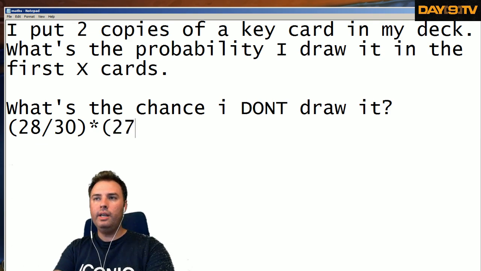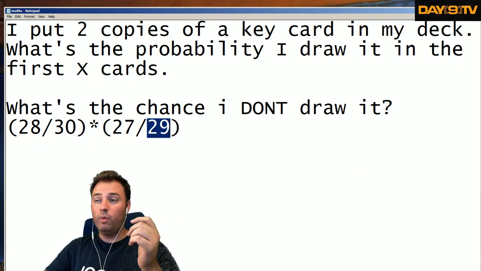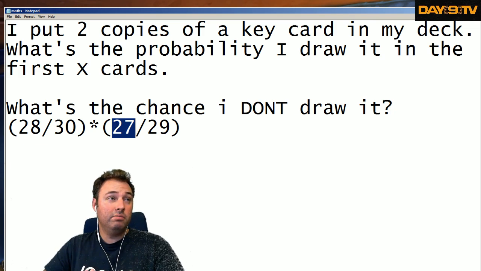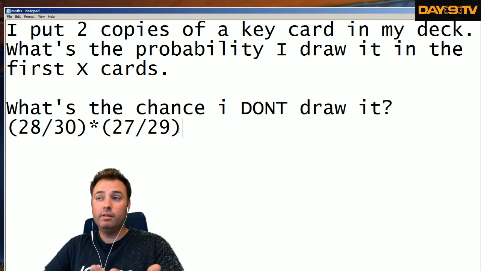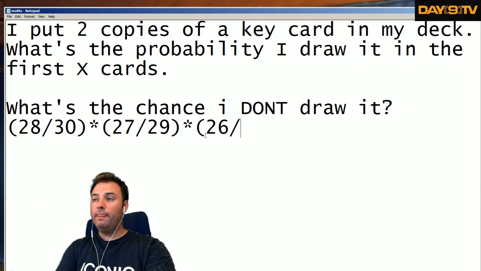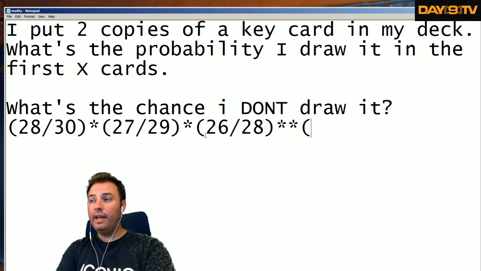Well, there's only 29 cards left in the deck because I've already drawn one. And if the first one was not a Gadgetzan, there's still 2 Gadgetzans in there, 27 out of 29. And then we can do the same thing multiple times in a row.